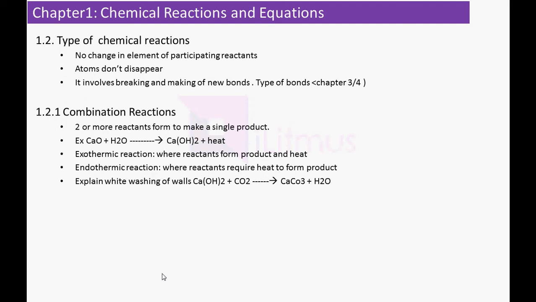But after 2 days, 3 days, it becomes solid white. What happens? If you look at the states, this calcium carbonate is solid and this is liquid. So once the liquid part of the product gets evaporated, then the calcium carbonate, which is white in color, comes out brightly. Okay, after 1 day, 2 days.